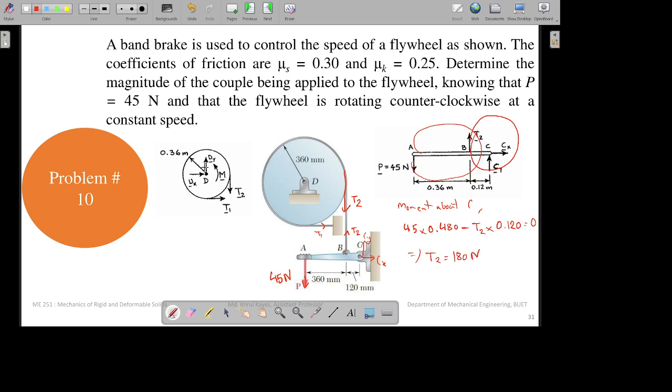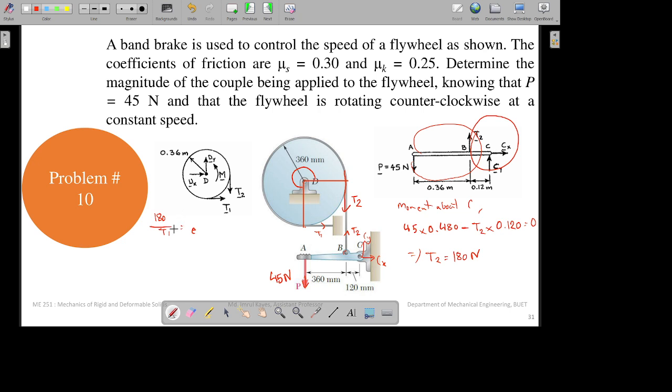Now for the flywheel, you can see the FBD of the flywheel. So now you can write the equation T2 divided by T1, which is 180 divided by T1, equal to e to the power. Now look at the angle over here. This is our point of contact, so the angle will be this one, which is 270 degrees.